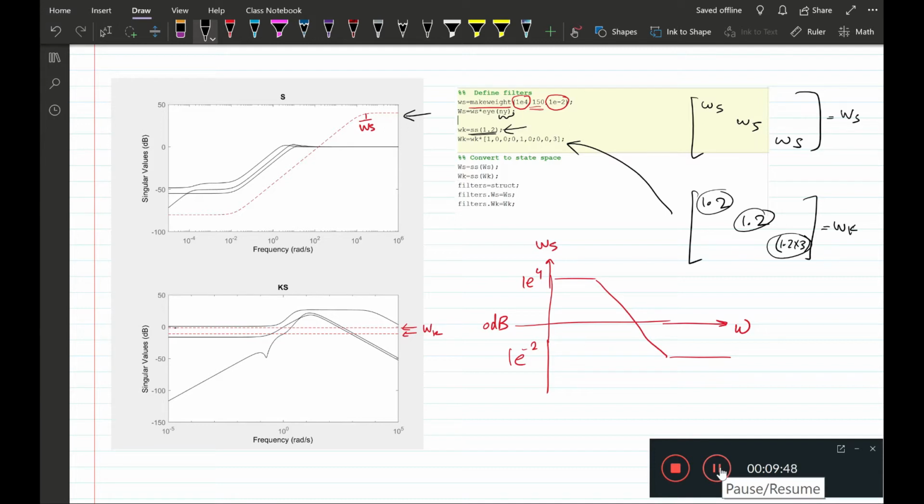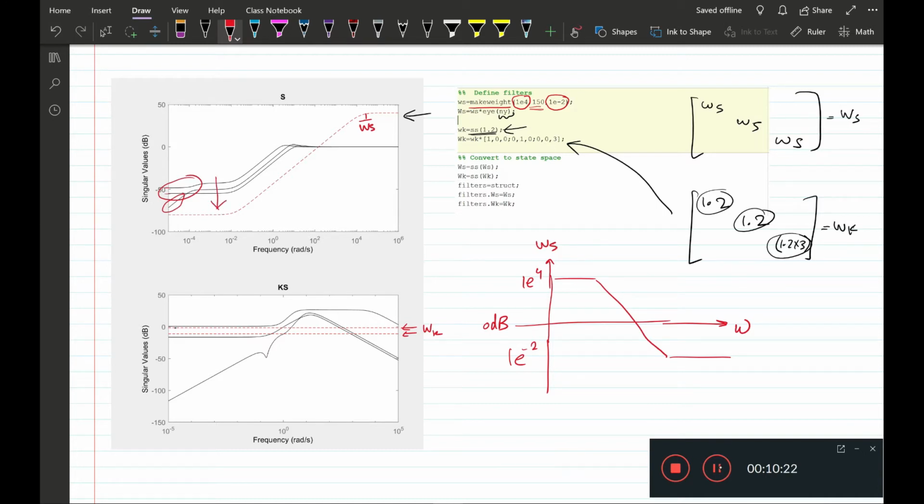I would like to reiterate once again that this corresponds to the steady state error. As ω goes to 0, the value of S of jω tells us something about the steady state error for step inputs. Now we can see here that we have integral action for one direction, whereas for the others we have some constant steady state error, and that is why we push the S down.